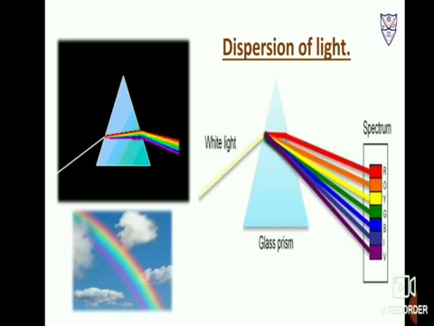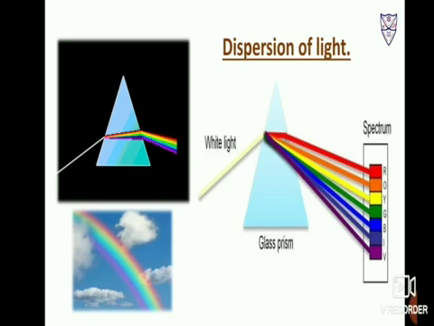So when white light passes through a glass prism, it breaks into its component colors, and we say dispersion of light. The band of 7 colors formed on a white screen when white light passes through a prism or any transparent medium is called the spectrum of white light.